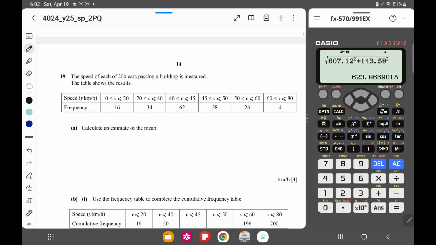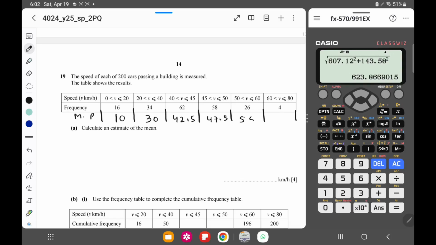For the mean, sum of fx divided by sum of f, we'll have to calculate the midpoint, the center number. If you don't know how to calculate the midpoint, add the two numbers and divide by 2. 0 to 20, 10 is the midpoint. 20 to 40 gives 30. 40 to 45 gives 42.5. 45 to 50 gives 47.5.